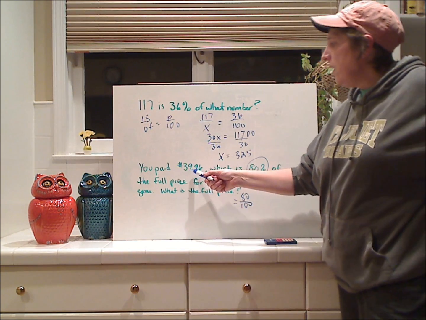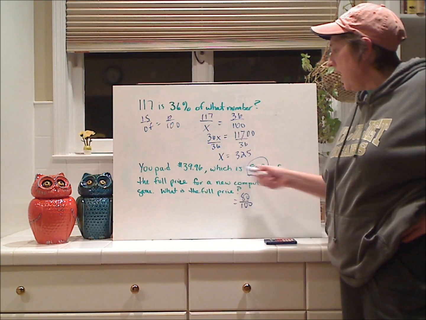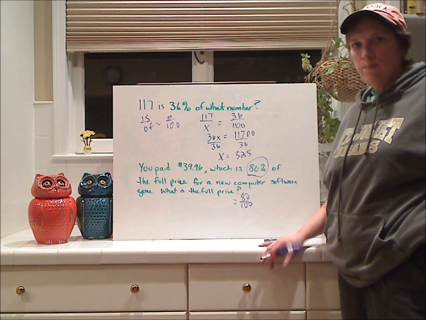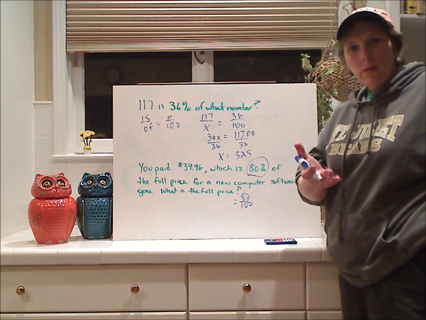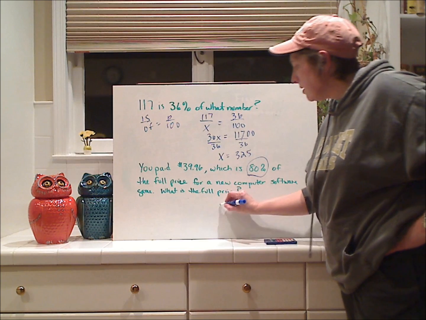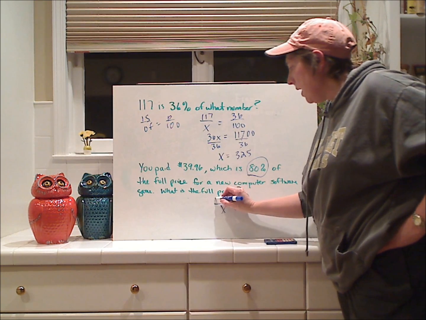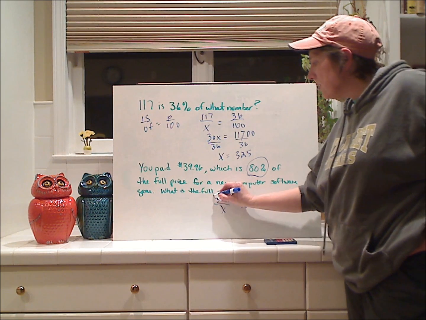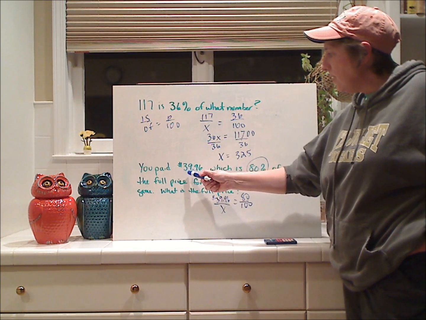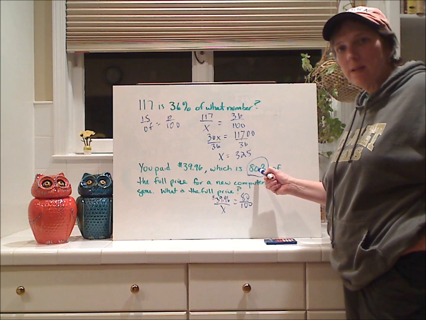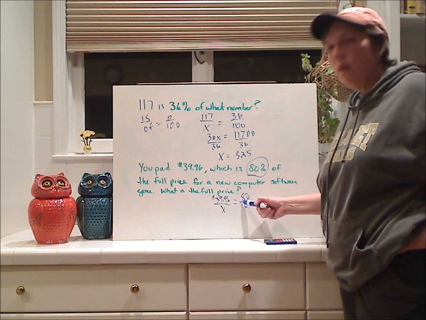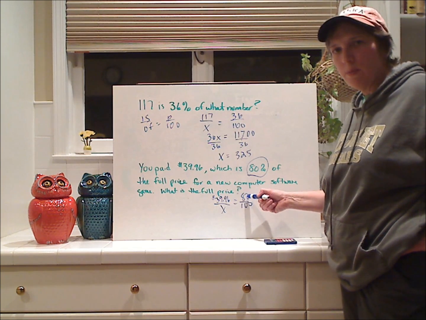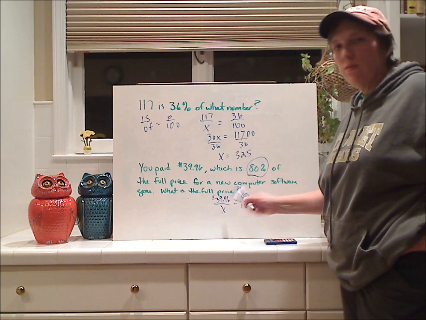If I paid $39.96, which is 80% of the full price, what's missing? The full price. So x is in the bottom and $39.96 is in the numerator. Another way to see this is that if $39.96 is 80%, these two numbers need to be in the numerator. The $39.96 needs to be associated with the 80%, and the 100% was the full price.